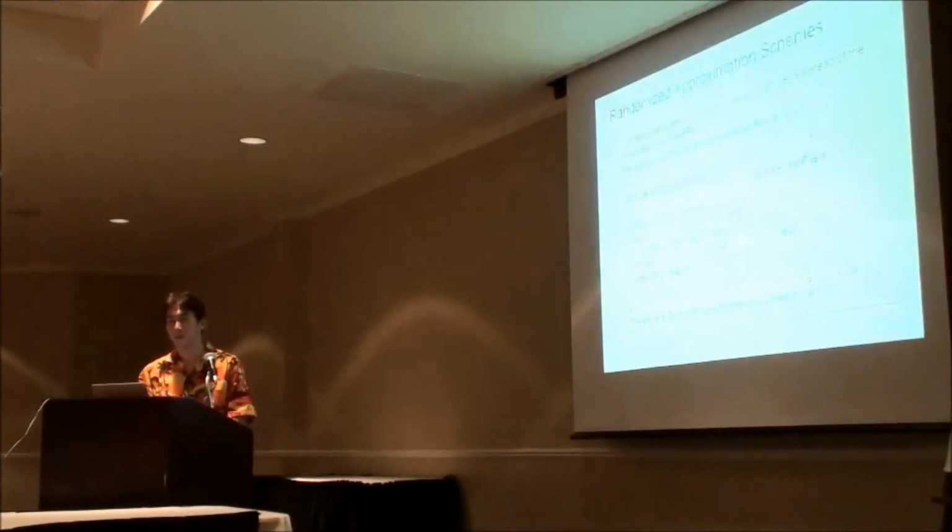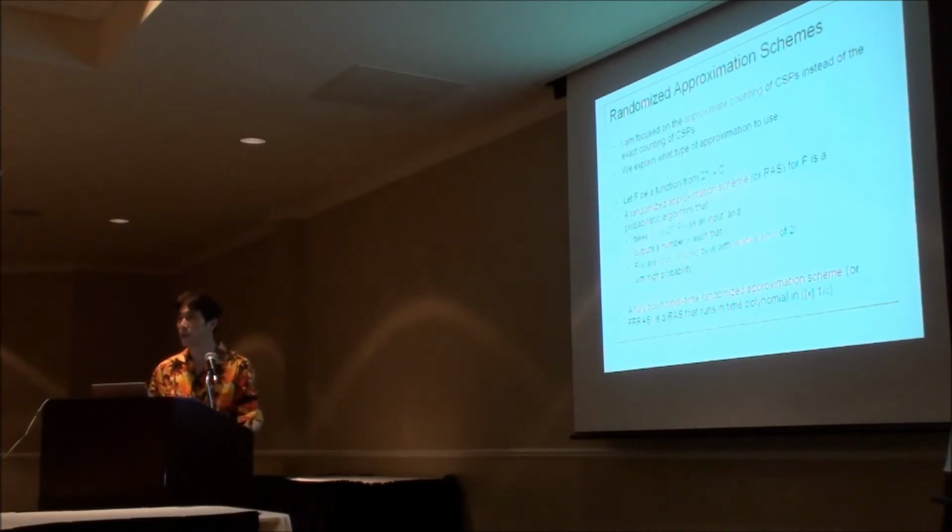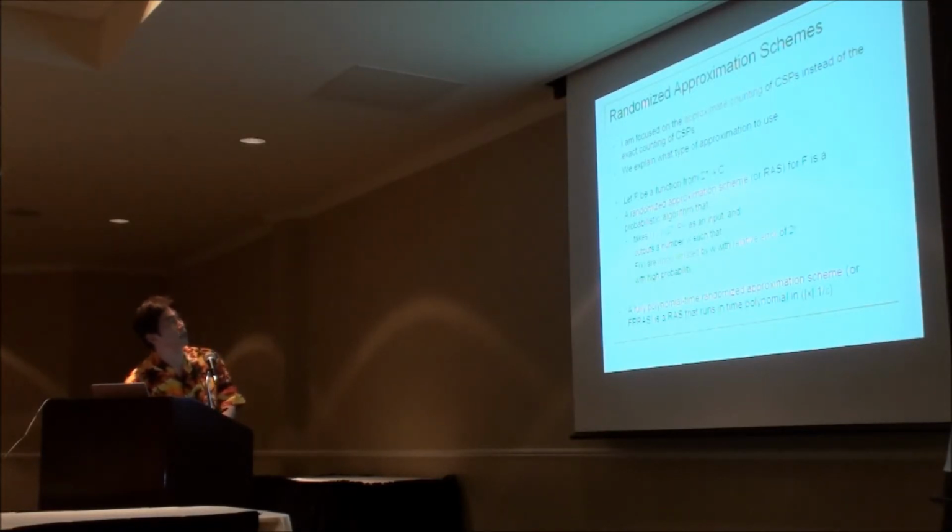So now we are moving into an approximation version of the counting problem. There are several different ways to think about approximation, and we pick one particular way: the RAS, the randomized approximation scheme. It takes input of this form: x is the string, and epsilon is the error amount. Then the randomized algorithm produces W, which is a very good approximation of f of x.